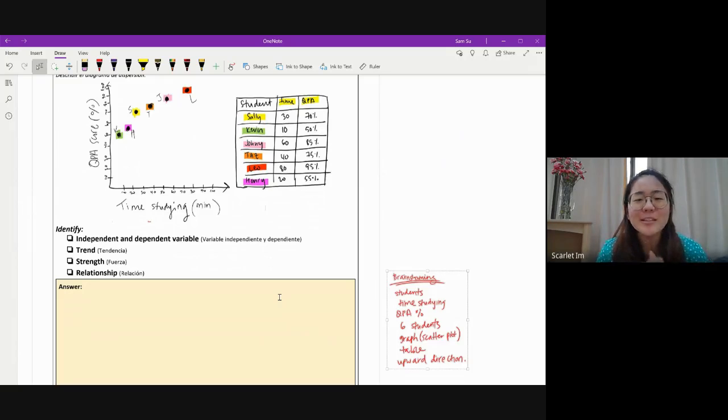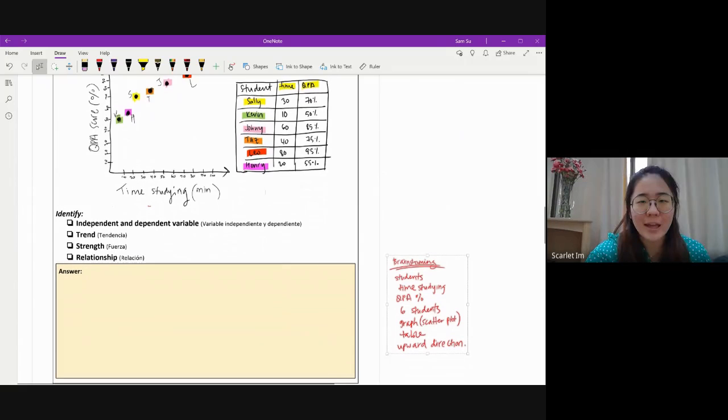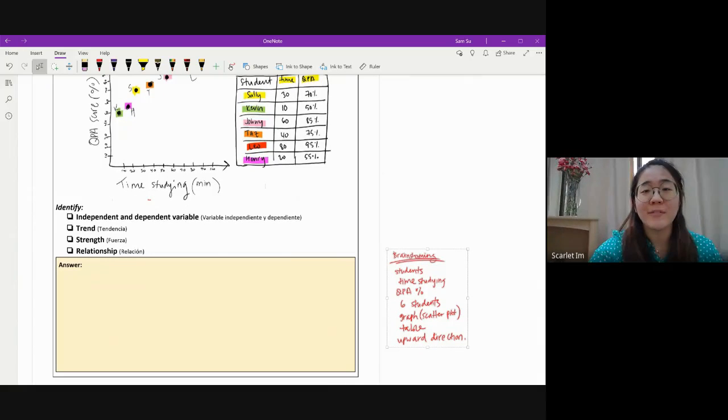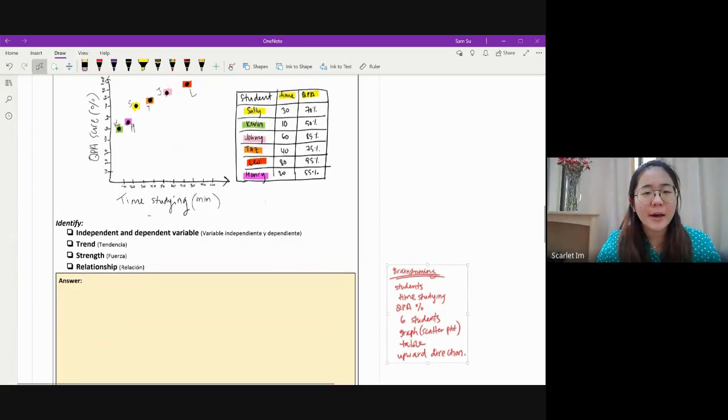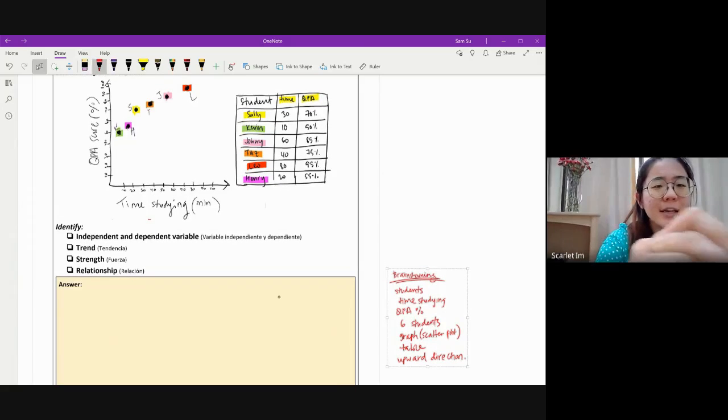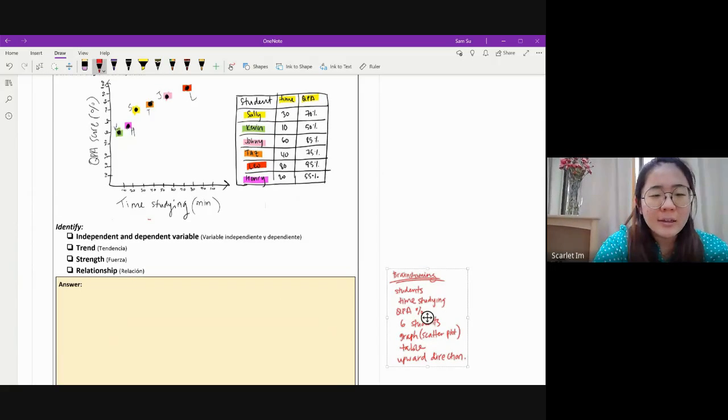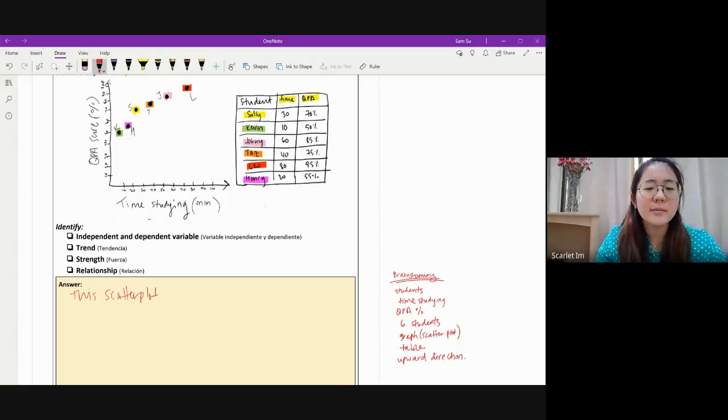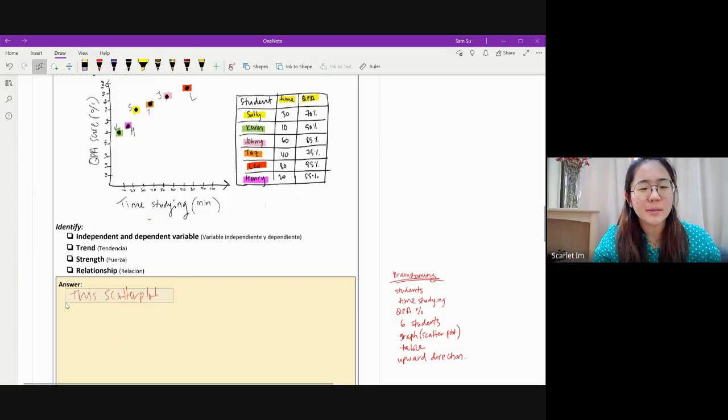Okay, hopefully you took a moment to pause the video and try this on your own. Now we can kind of see how I would have approached it. So I look at the scatter plot. The first thing I realize, okay, I'm going to say the scatter plot. Actually, I wonder if I could type this out. That's probably much better. Let me do that.